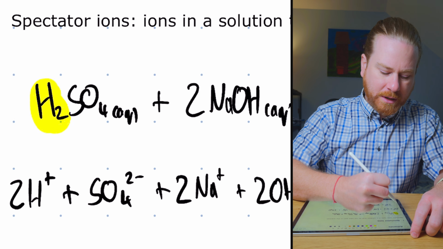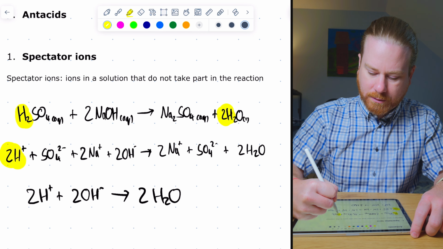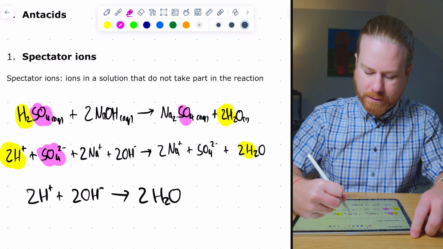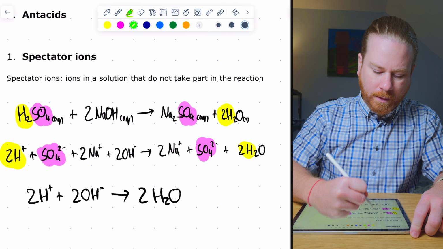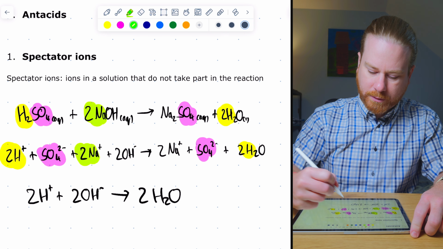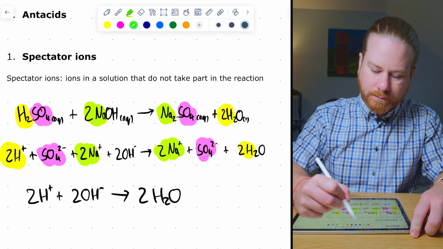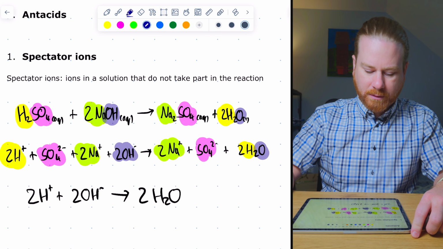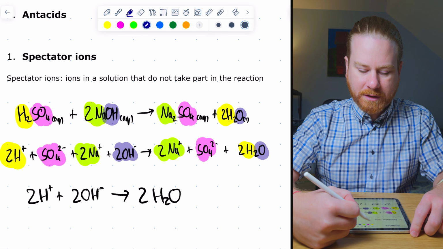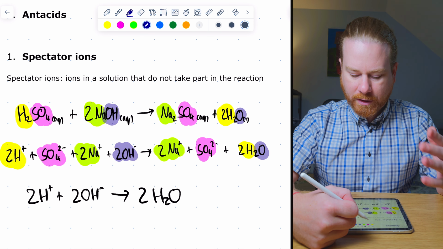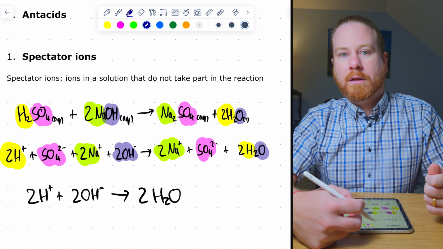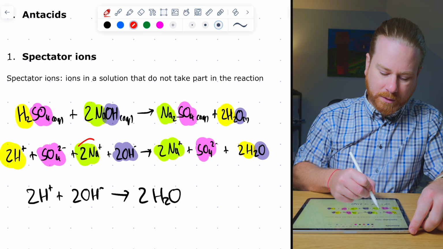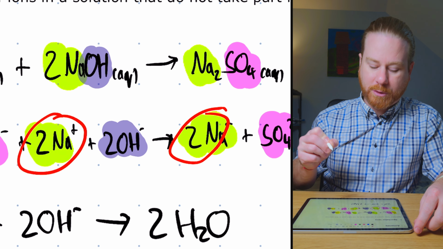So we have some hydrogen. We have sulfate ion. We have 2 sodium ions, and we've got the hydroxide ion, which sort of ends up over here. So from this, what is going on? Hopefully we can see that we have some unchanged ions. We've got sodium over here and sodium over here.